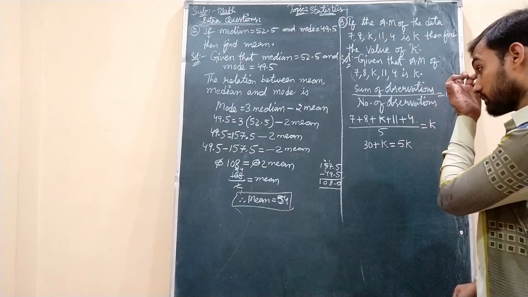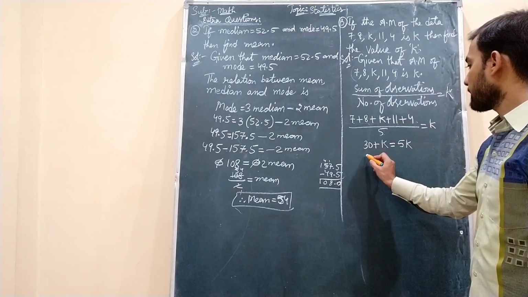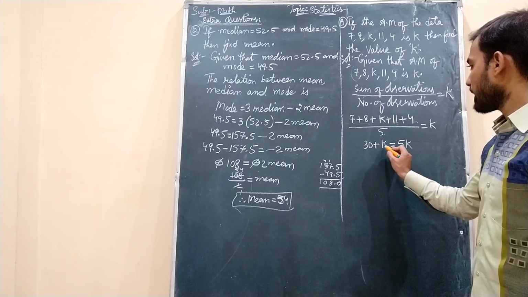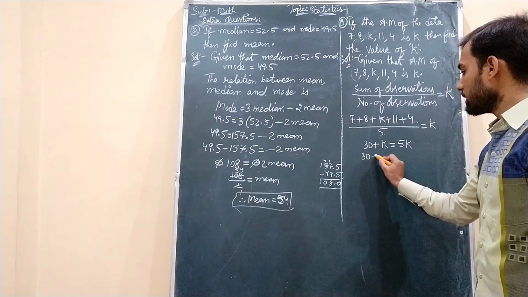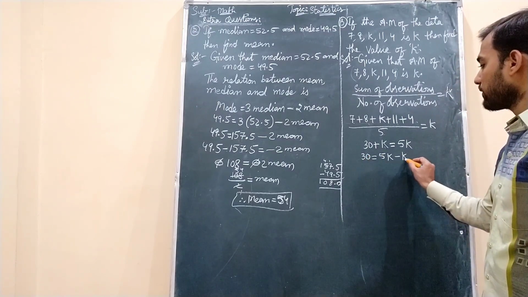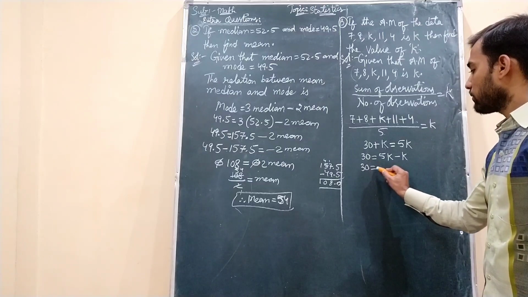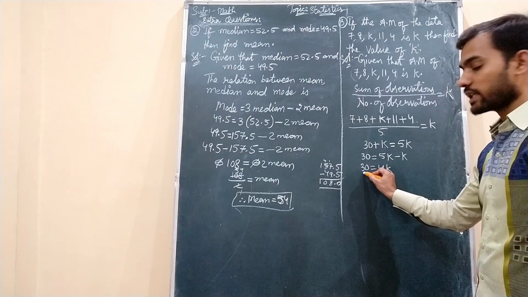Okay students. Then as we have to find out this k value, this k also we will transpose over here. 30 is equal to 5k minus k. 5k minus k will be 4k. As we have to find out k, this 4 we will transpose over here.